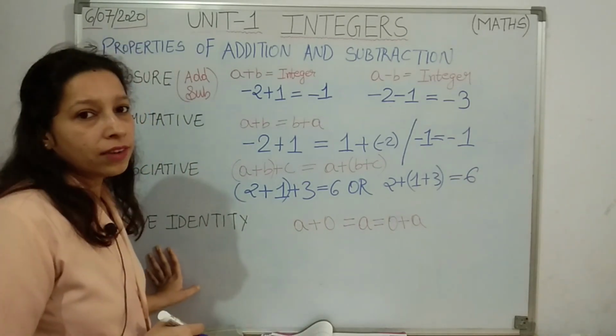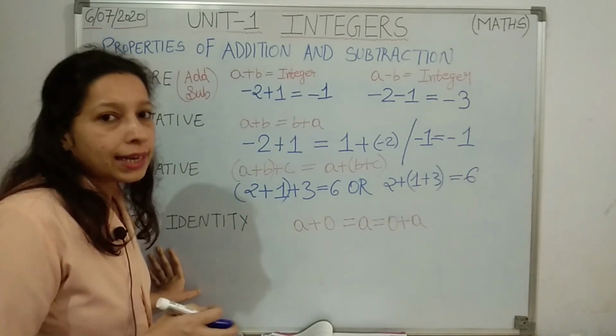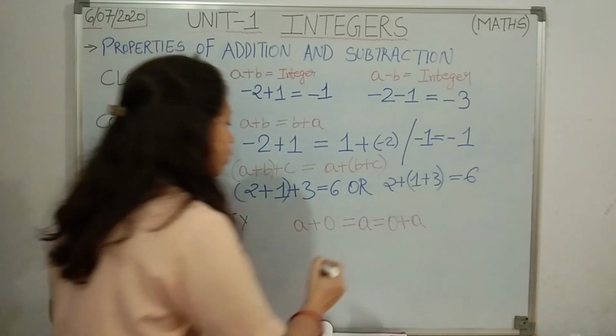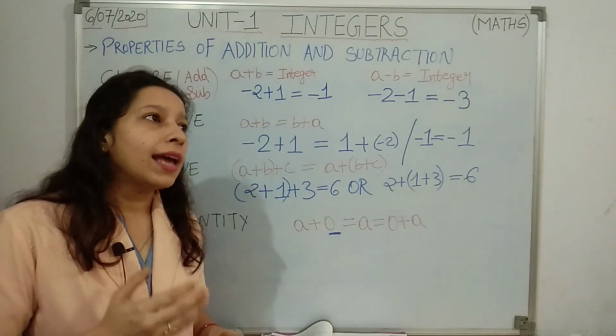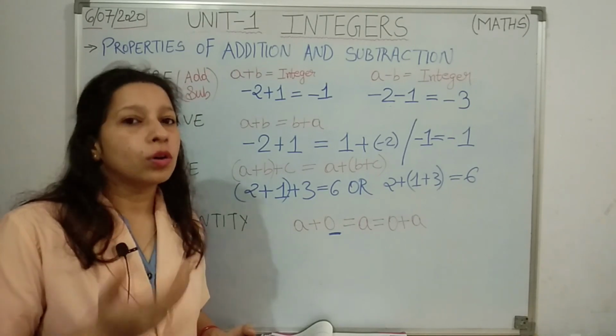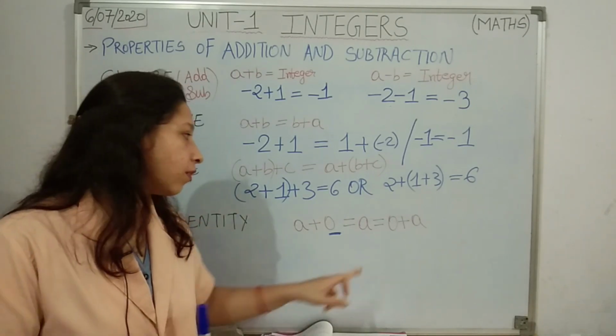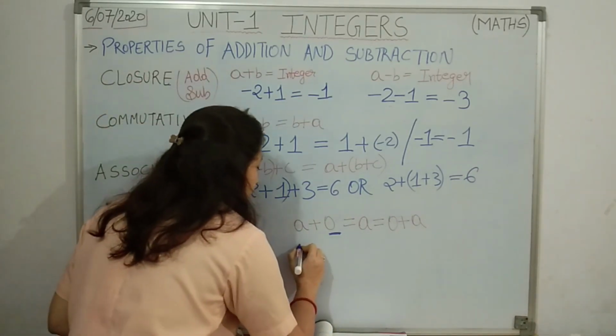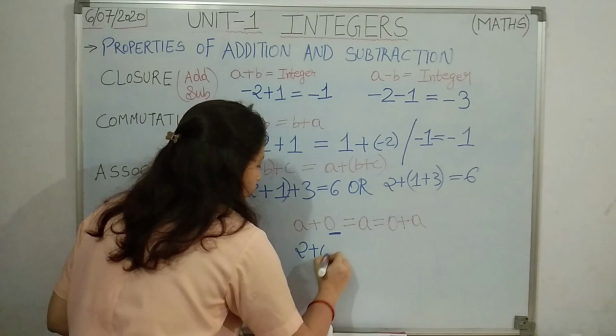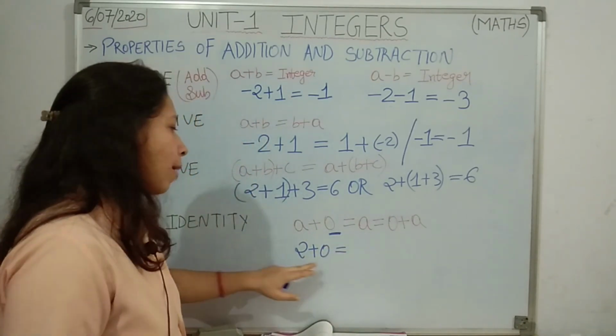Next is additive identity. For any integer, the additive identity is equals to 0, students. Let me explain you. See, whenever you add 0 to the given integer, the result will be that same integer. Okay. For example, in place of a I am keeping 2. 2 plus 0. So with integer 2 I am adding 0.